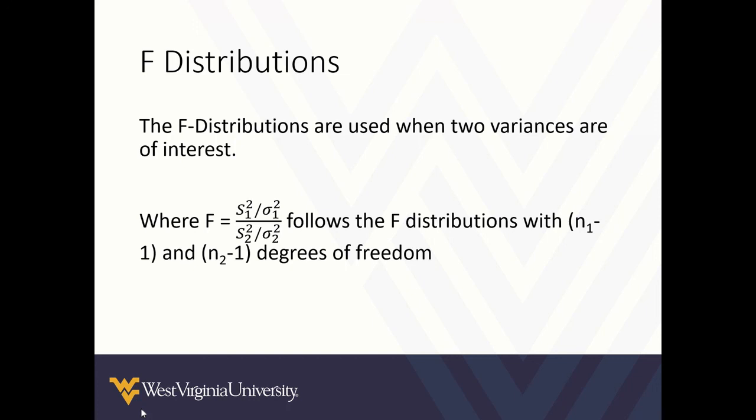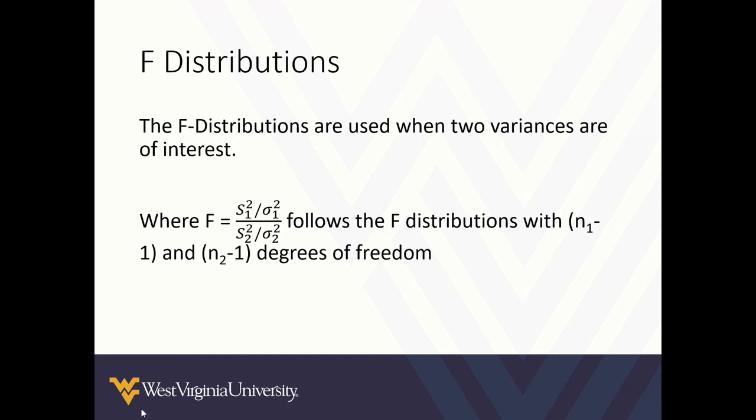But just to give you an idea of what the F distribution is, the F distributions are used when we have two variances of interest. The statistic we use is S1 squared over S2, or excuse me, let's do it another way to make it a little clearer.